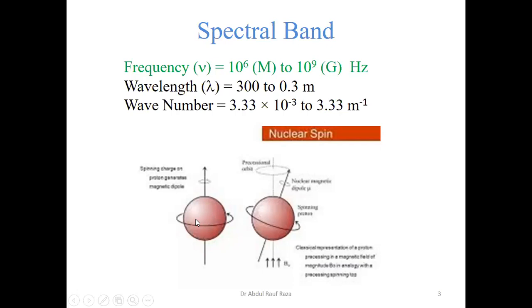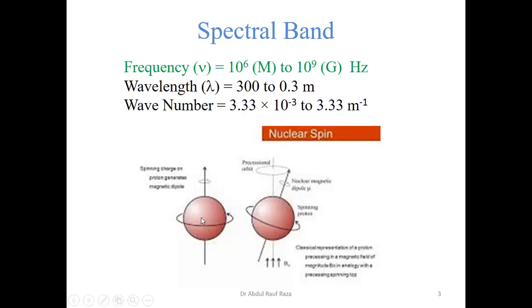If you compare this mass with the mass of the proton, it is 1836 times less. If you compare it with the mass of the neutron, it is 1837 times less. The mass of proton and neutron is not the same.